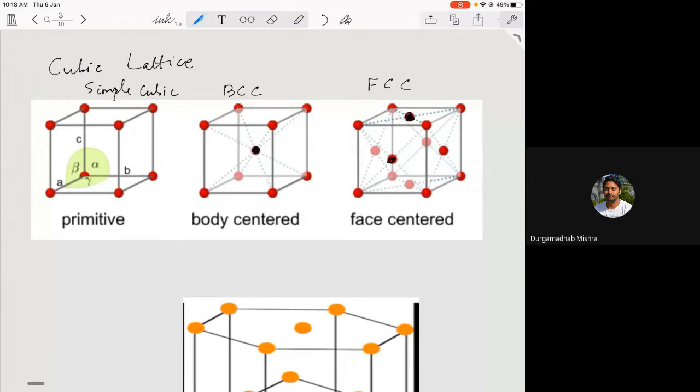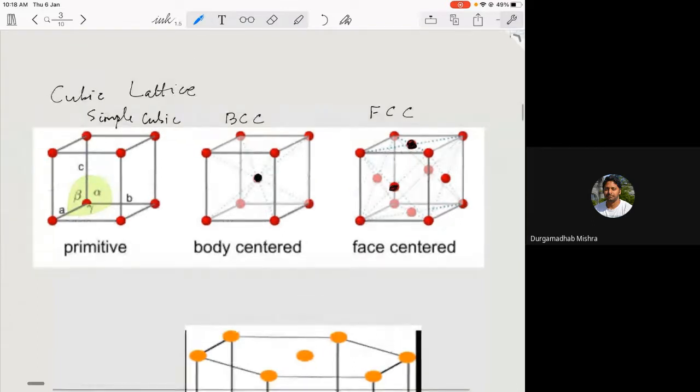So for example, let's say BCC, so iron, for example, is a BCC. So the arrangement is in a BCC structure. Many of the metals are actually in FCC form as well.